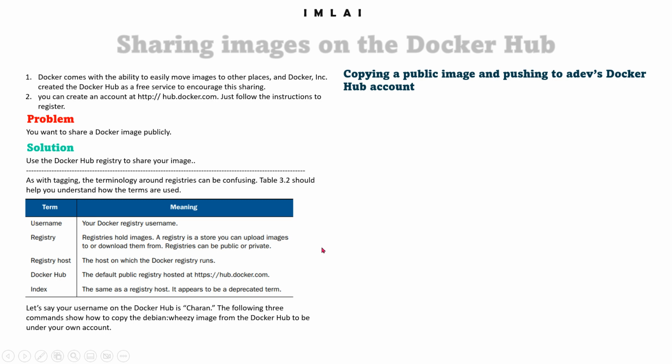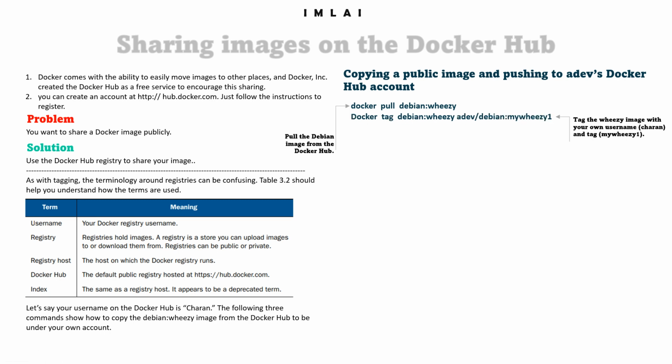under your own account. So you can use docker pull to pull the Debian image from Docker Hub, and docker tag, you can tag it like this, tagging the image with your own username Charan and a tag name.